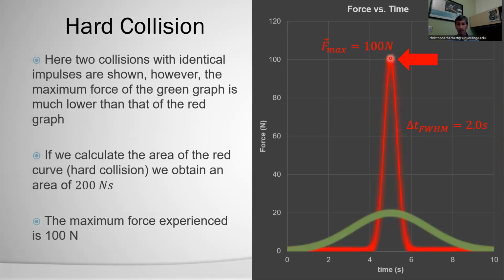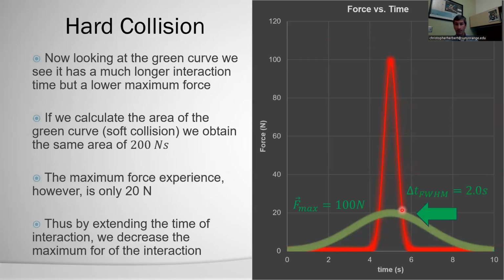So you can see right here, if my interaction takes place in 2 seconds, again, this is a longer interaction, so calling this a hard collision is probably not appropriate here. But if I could stretch that out from 2 seconds to 10 seconds, I would go from a maximum force of 100 newtons, spreading it out to 5 times the time, to a force that is, this should be 20 newtons, 100 newtons to 20 newtons.